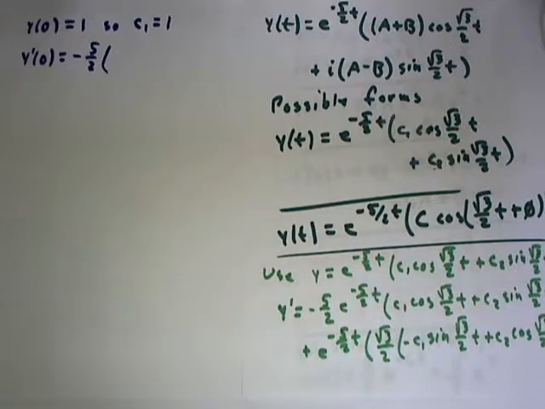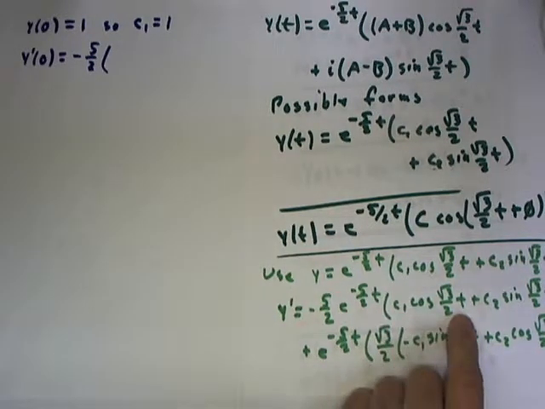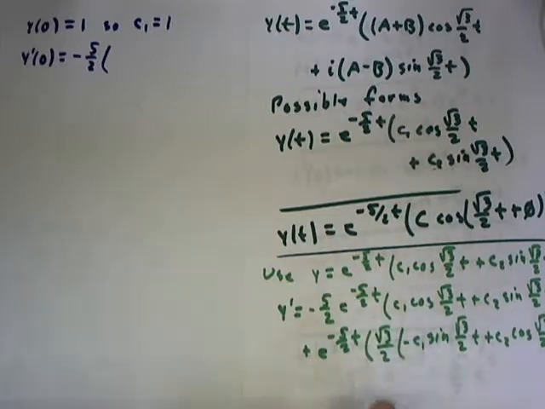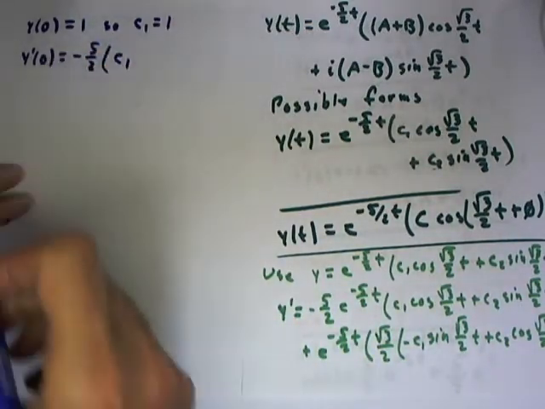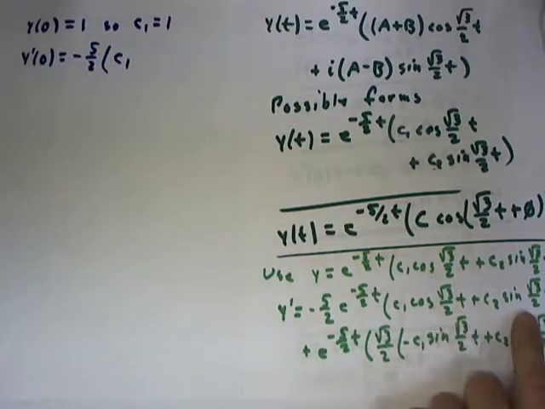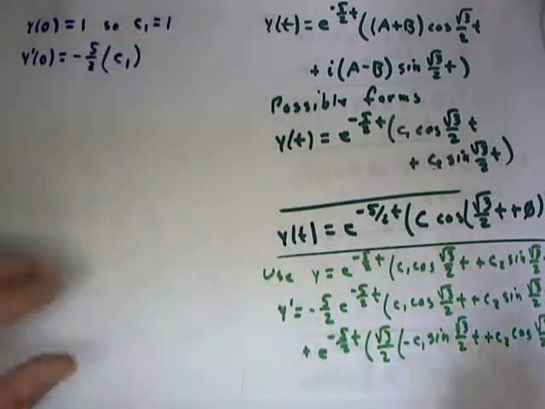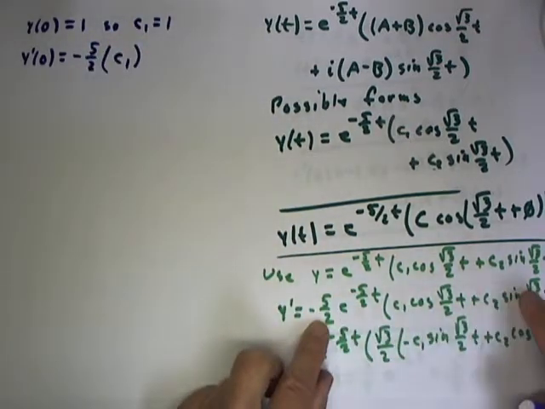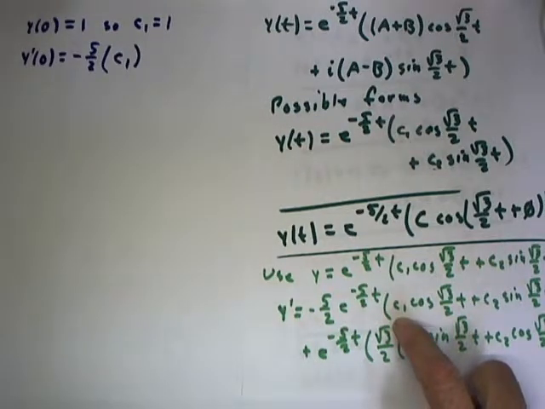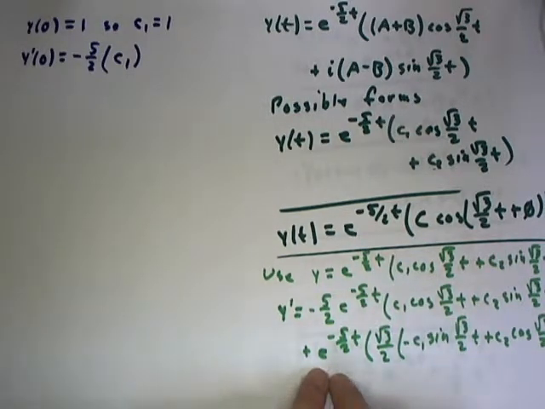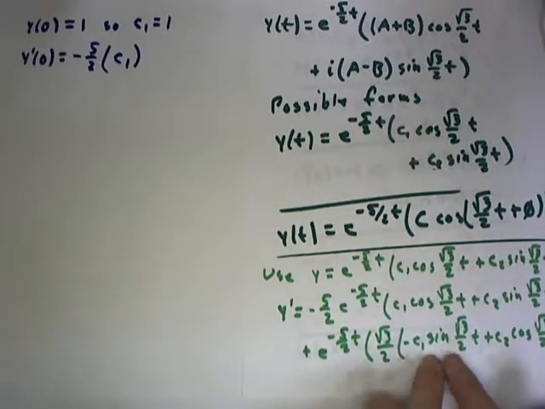That's going to be multiplied by C1 times the cosine of 0, which is just C1, plus C2 times the sine of 0, which is just 0. So the first term in y prime gives us negative 5/2 C1. The second term, our e to the negative 5/2 t is going to be 1, because t is 0, e to the 0 is 1. Our sine is going to be 0, our cosine is going to be 1.